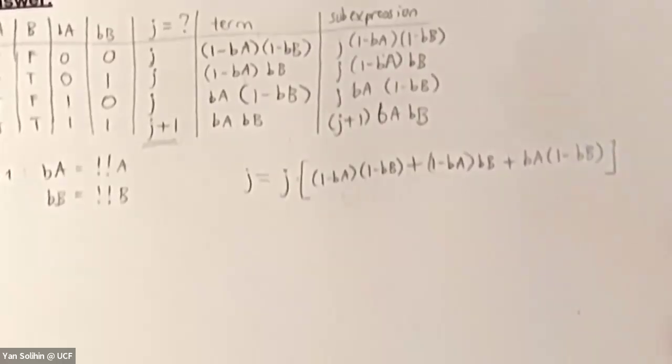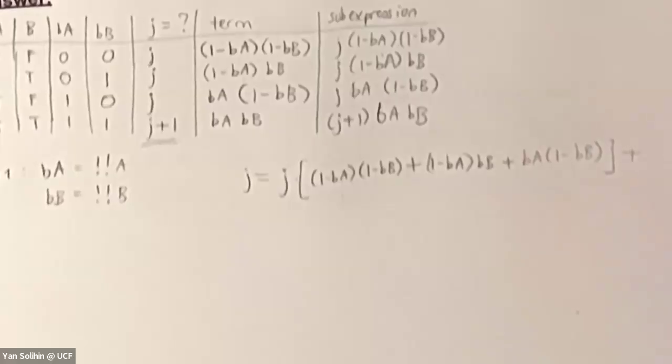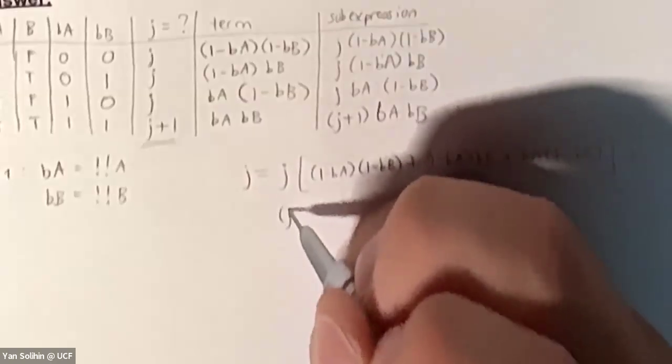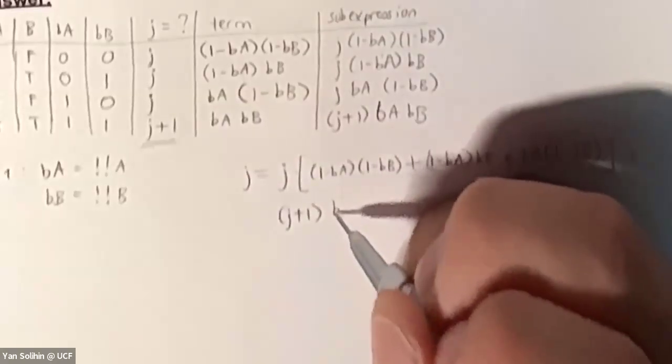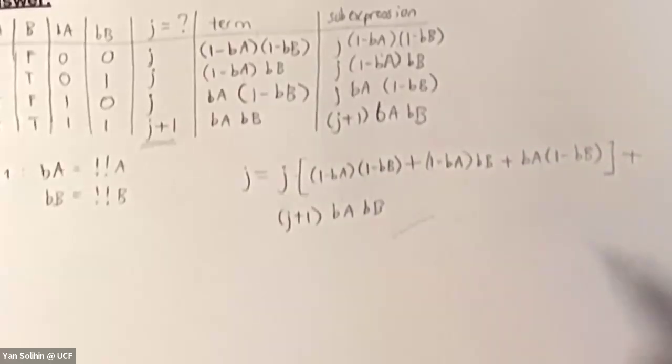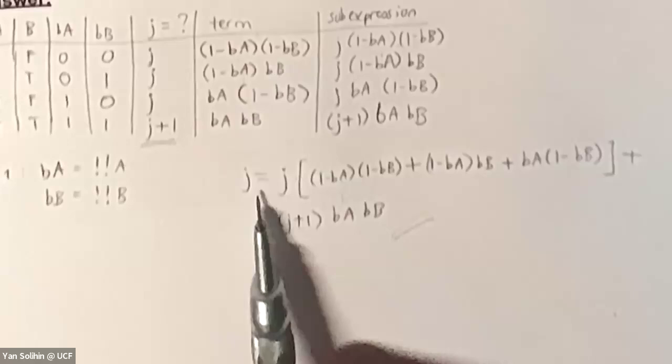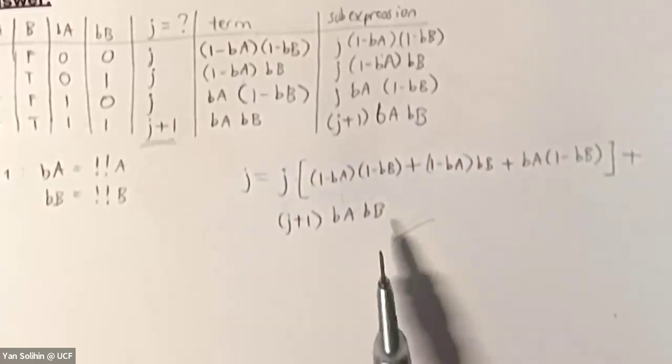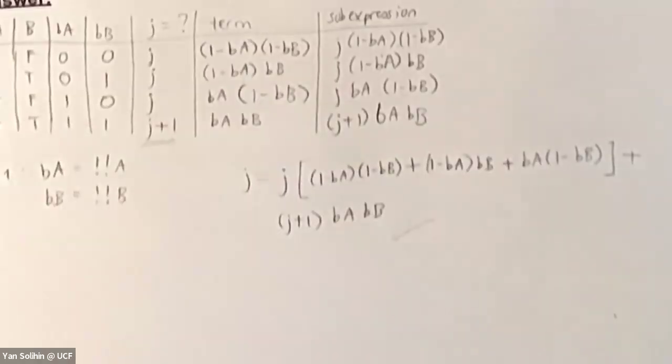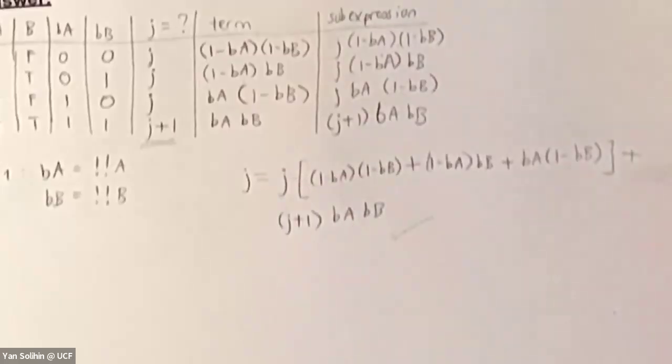So that's J, and then we basically just add all the sub-expressions, J plus 1, BA, BB. That's it. All we need to do is replace the original statement of J with this, without the if instruction. So the conditional disappears.